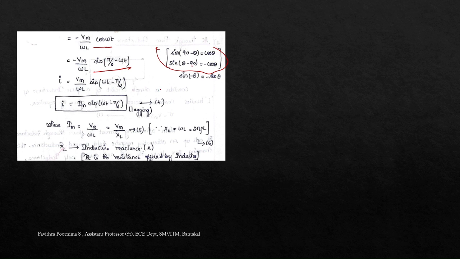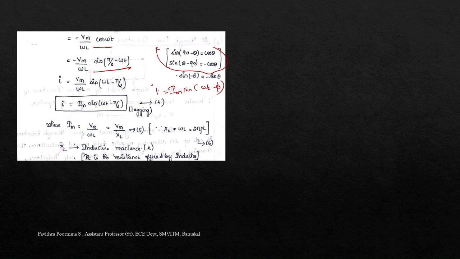So what we have done is our mathematical representation comes as either V or I equal to Im sin omega t minus some angle. But here what we got is the angle as pi by 2 minus omega t.